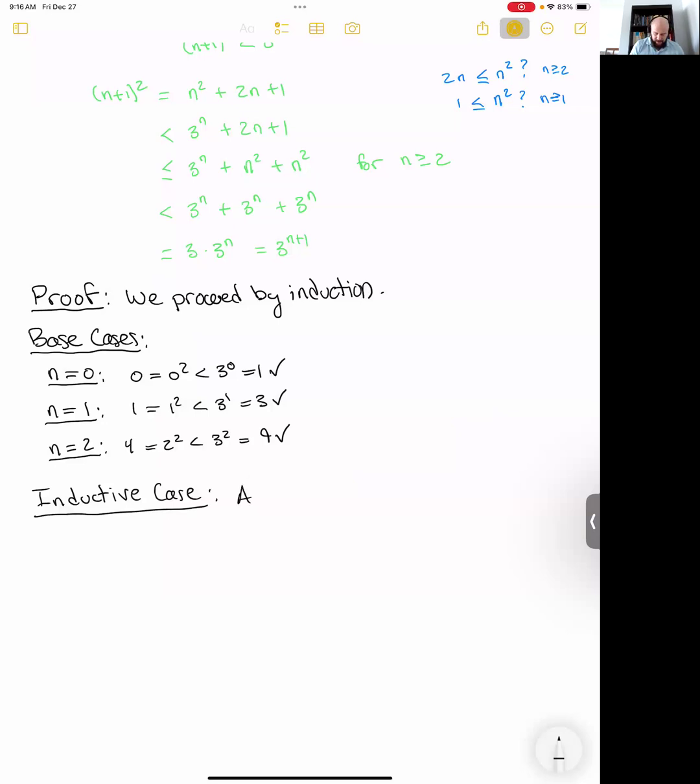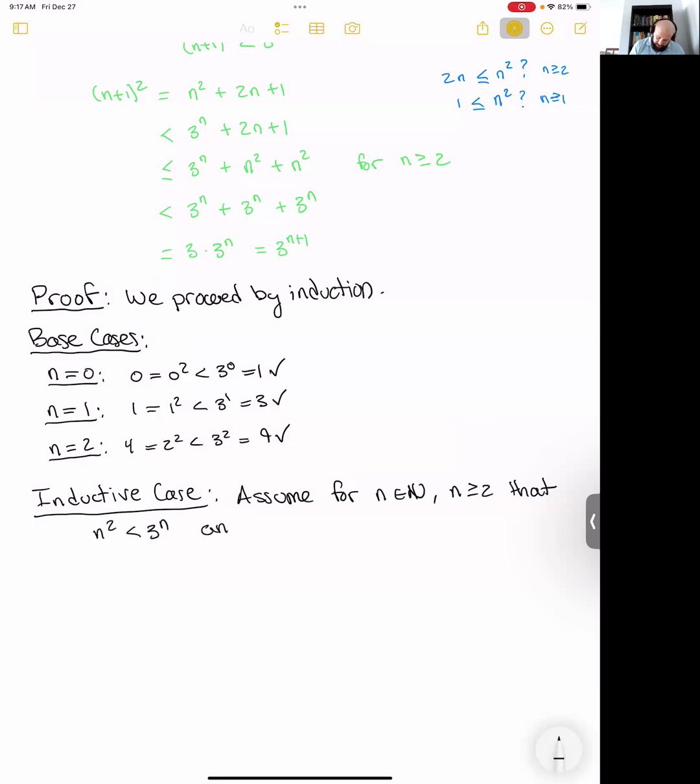So assume, for n a natural number, but now specifically n bigger than or equal to 2, that n squared is less than 3 to the n.